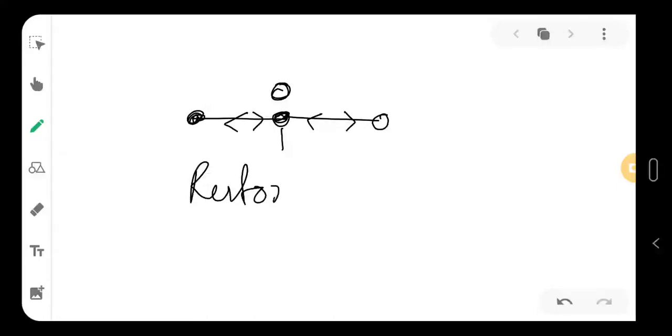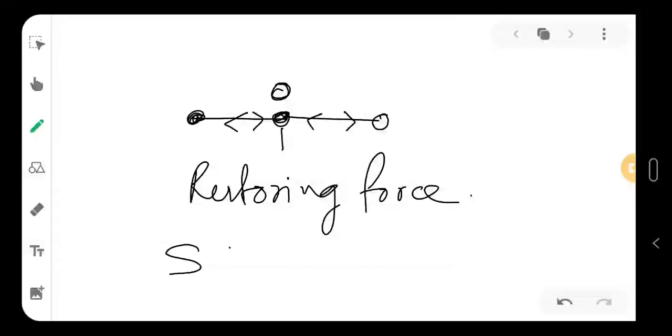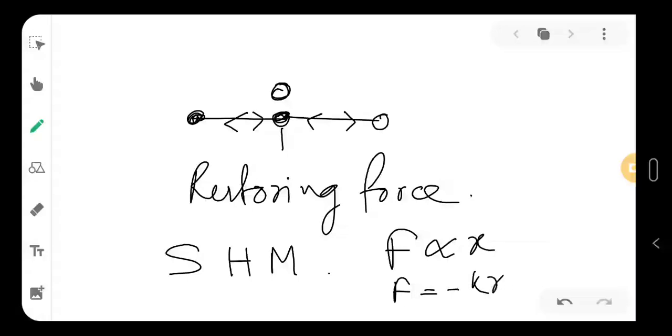This restoring force always works towards the equilibrium point, right? So we can say that this kind of oscillation is SHM when the restoring force is proportional to the displacement, and it is always directed towards the equilibrium point. That means it will be in the opposite direction of the displacement of the particle.